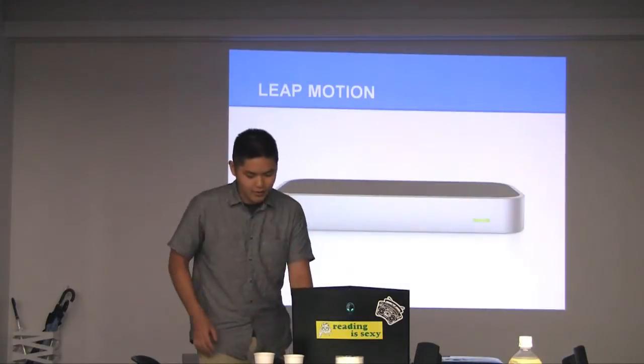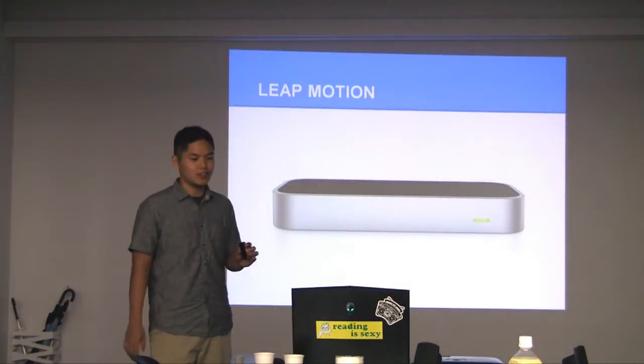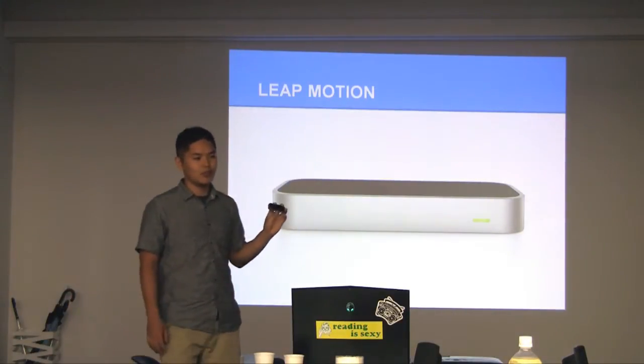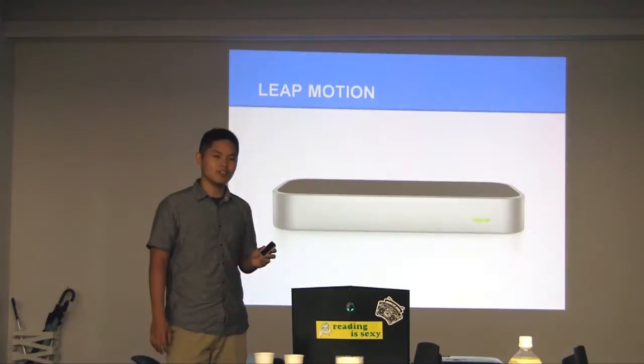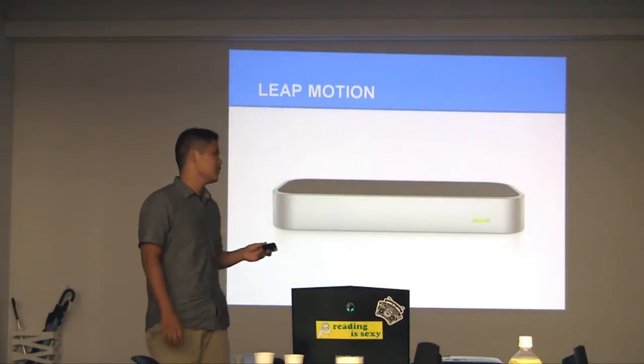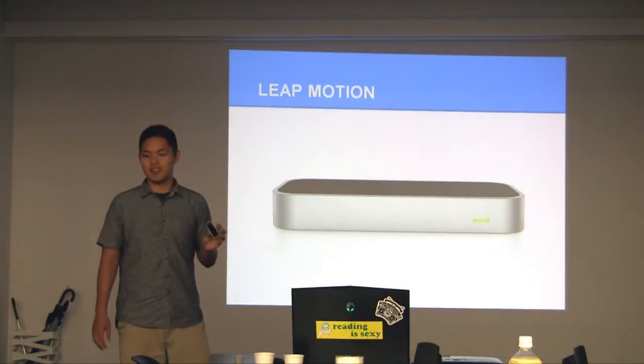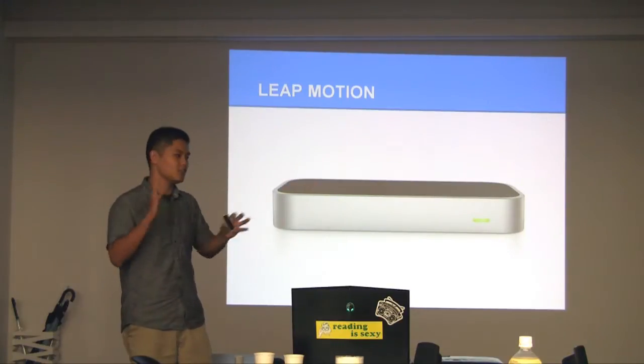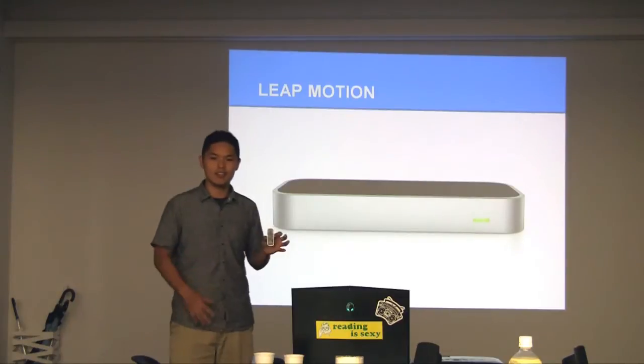Now that that's out of the way, I'm here today to talk about this device called the Leap Motion. For those of you who don't know what a Leap Motion is, it's sort of like the Microsoft Xbox Kinect, a motion detection controller device.